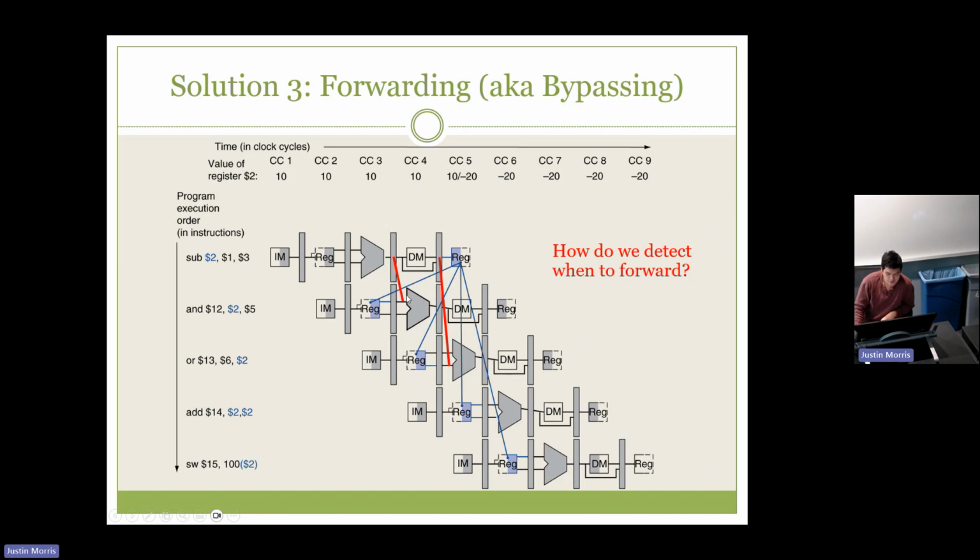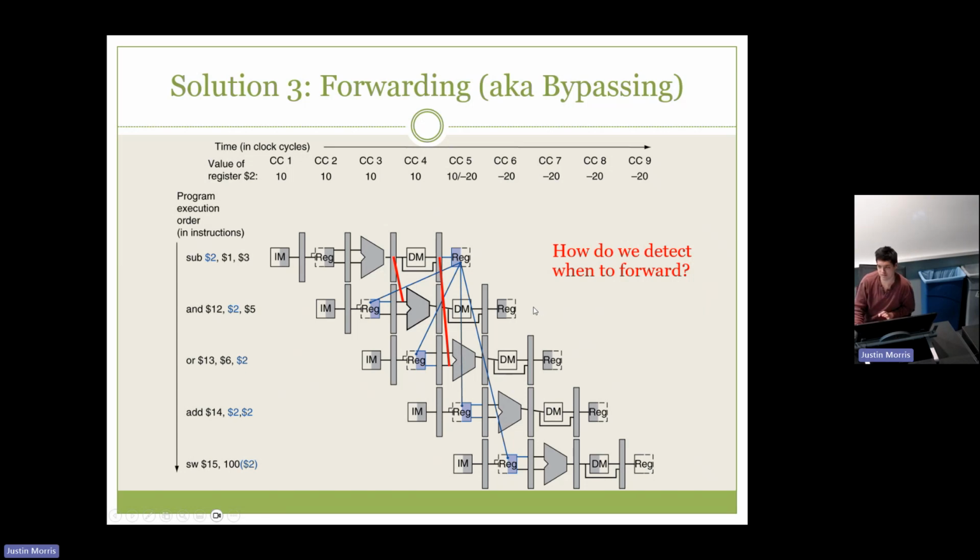And then the other question that might arise is, what if I'm trying to read from register 2 in execute, and there are 2 instructions in front of me, and let's just go with this order. So this sub writes to register 2, and this and writes to register 2.